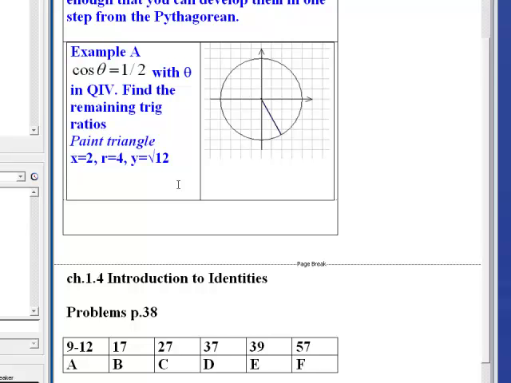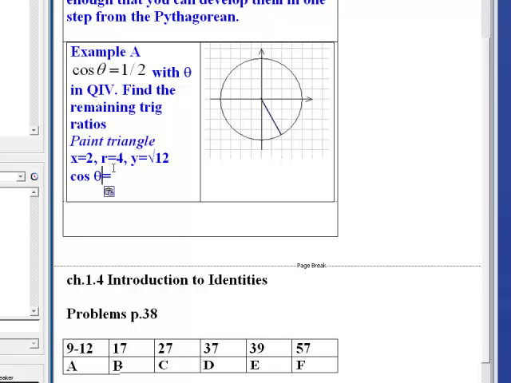Okay, then of course, as I have already listed it, cosine theta equals 2/4, which is 1/2.